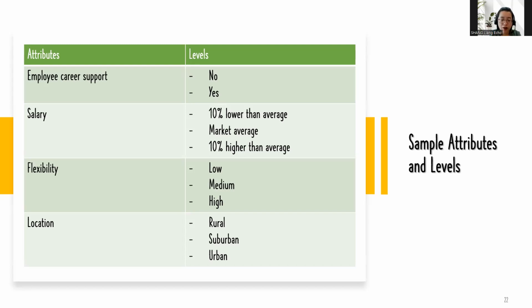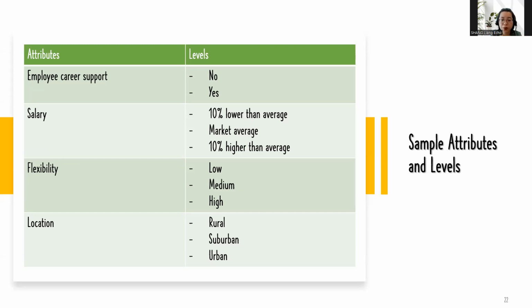Here we want to see if university students are willing to make trade-offs between their expected salaries and other attributes that are influential to their job decisions. The third attribute we have is flexibility of a job. We have three levels: low flexibility, medium, and high flexibility that individuals can have in their job positions.